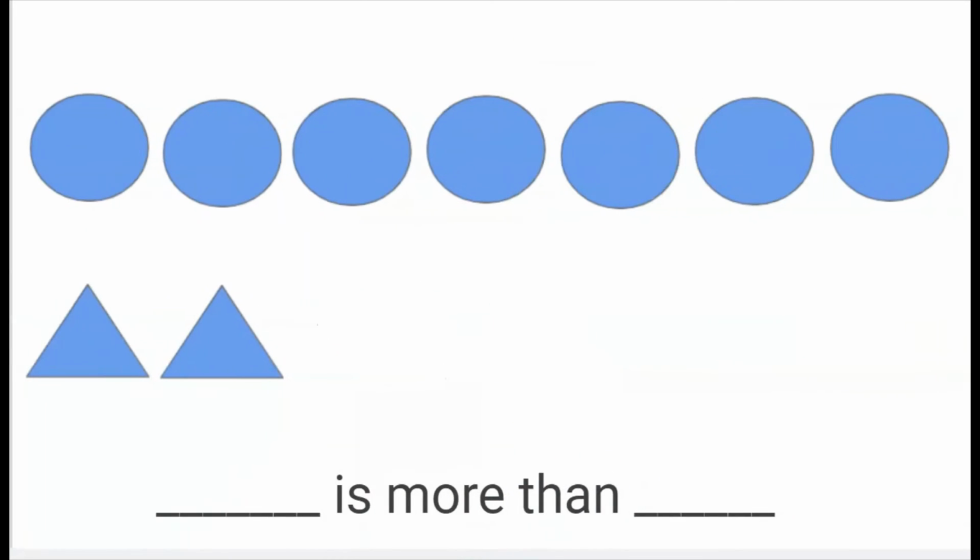All right, let's try this one. Your teacher's going to pause the video, and you are going to count the circles, count the triangles, and decide which one's more, the set of circles or the set of triangles. First, let's count the circles. 1, 2, 3, 4, 5, 6, 7. Now let's count the triangles. 1, 2.